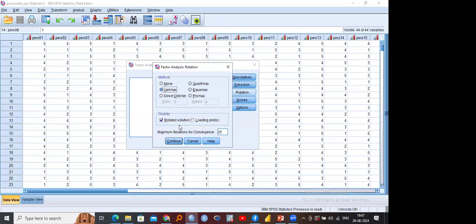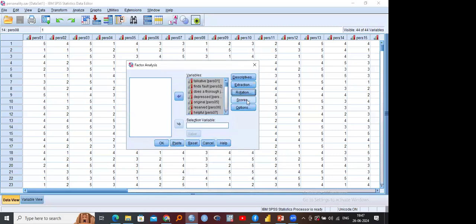It is clicked by default, so you don't have to change anything. Iterations for convergence 25. Iteration means repetition, and convergence means coming to one value. So iterations for convergence means how many times it should be repeated so that you come to one single answer. So it should be 25. Why it should be 25, I'll tell you. Okay. So what we have done here is we have clicked on varimax rotation.